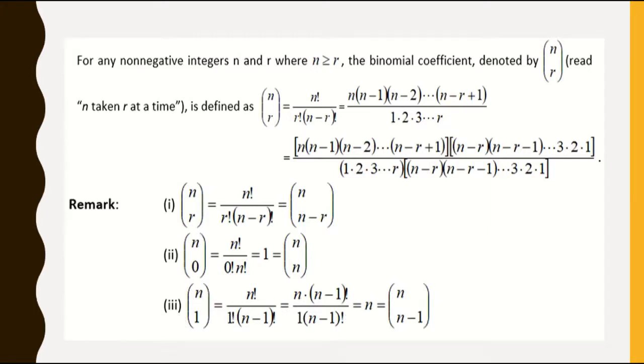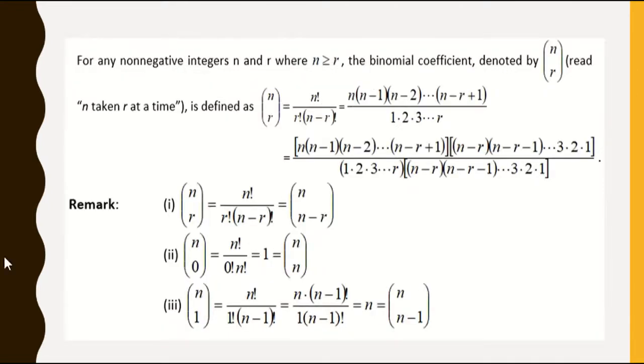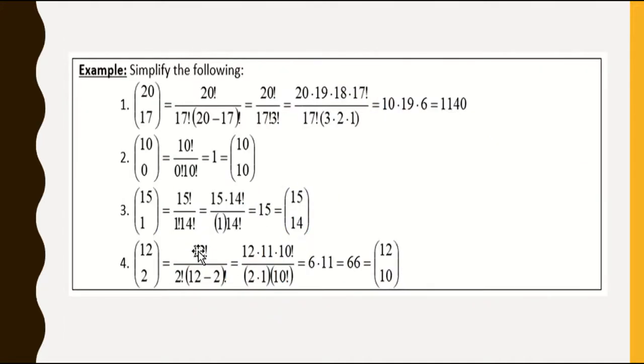And then the last example, the result is 12 minus 2. The r here, 12 taken r at a time. So that is our example or the application of our remark number 1. Okay, so that is how we solve the binomial coefficient.